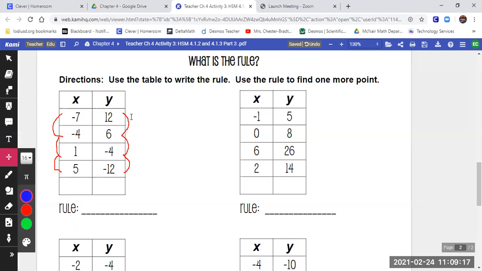So if I look at what's going on with my y's, if I'm going from 12 to 6, what's going on? 12 down to 6 is how much?